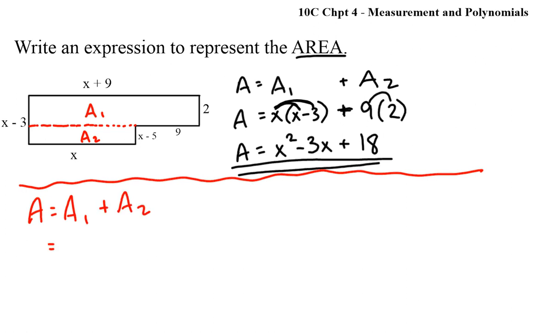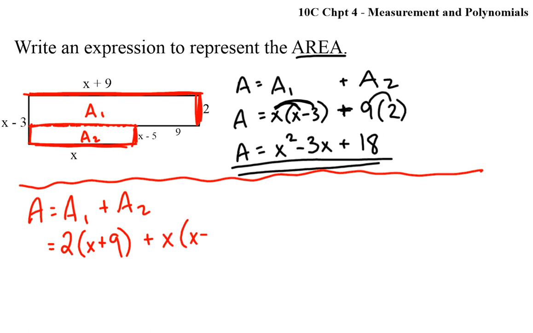Area 1 has a length of x plus 9 and a width of 2. So the area would be length times width, 2 times x plus 9. And my area 2 has a length of x, but a width now only of x minus 5. So x and an x minus 5 have to be multiplied, length times width.